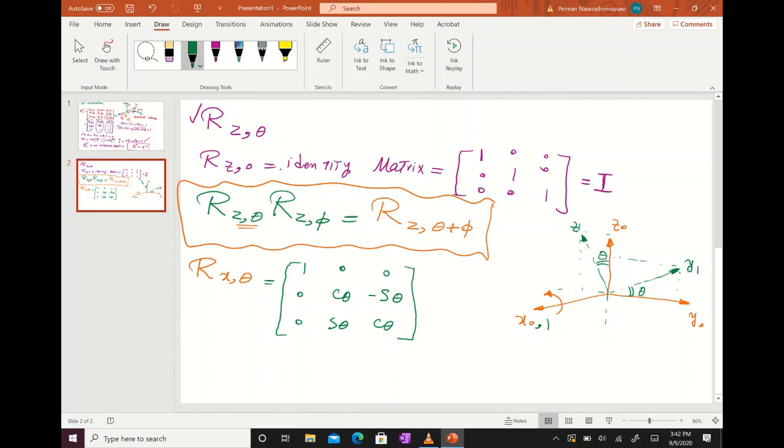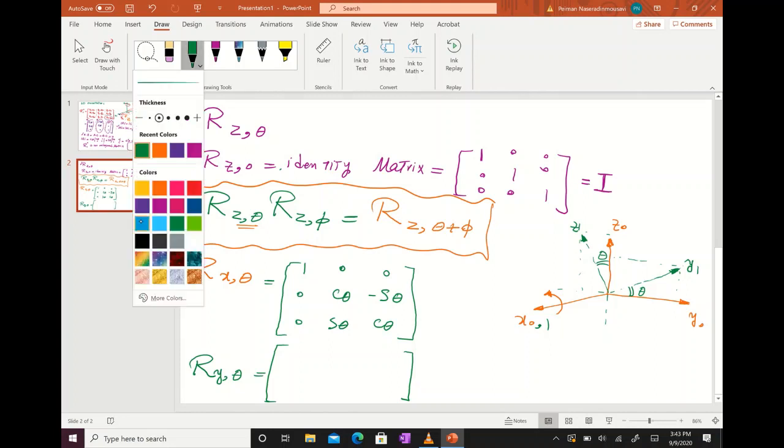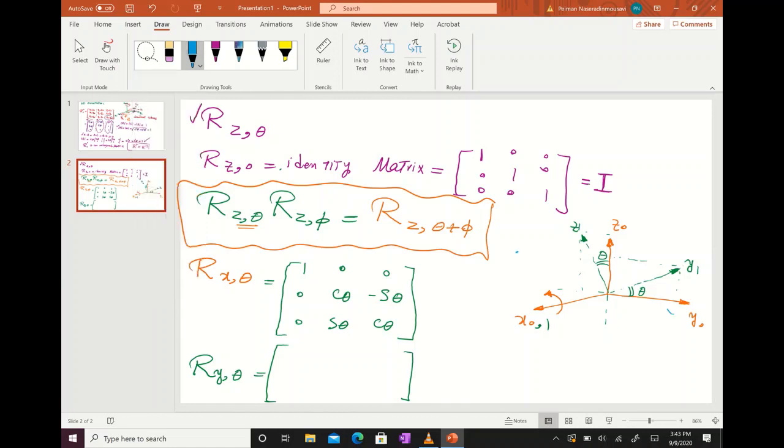Right. And now if I ask you to find the rotation matrix of theta and y, this time we are rotating around the y-axis by theta. So if that happens, in the xz plane they are changing like this, say it is x1 and z1.